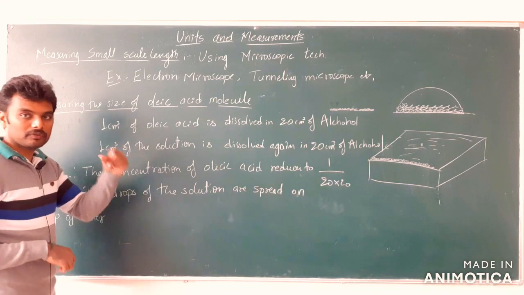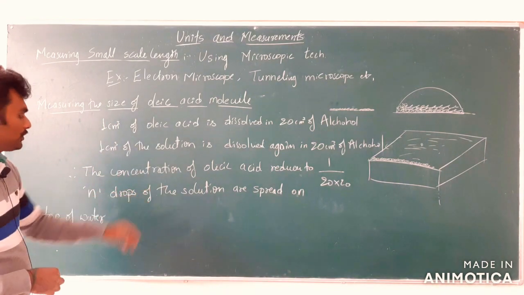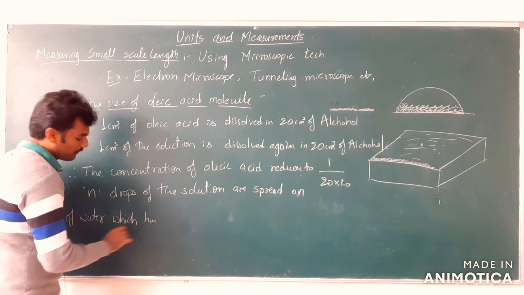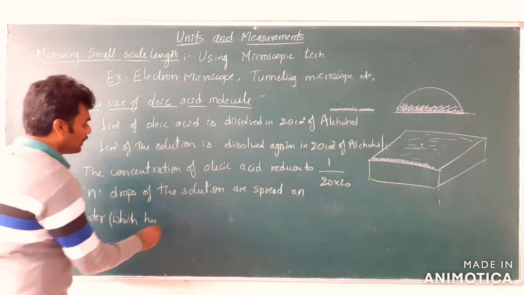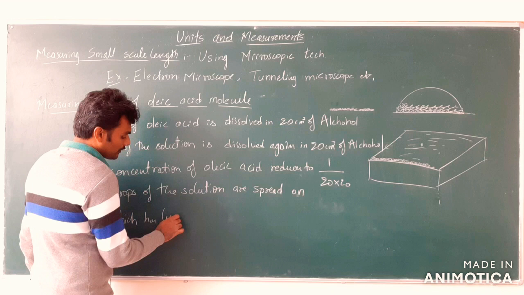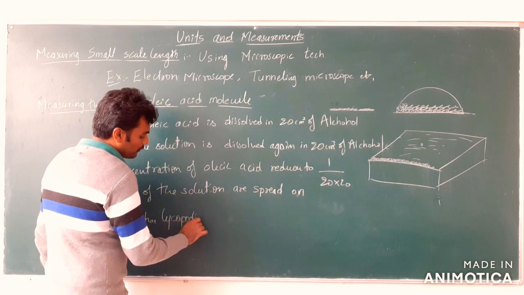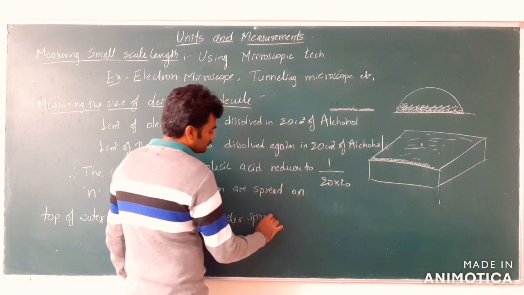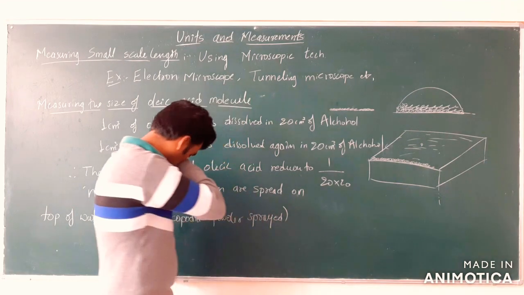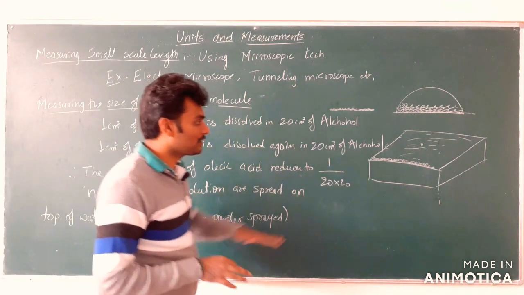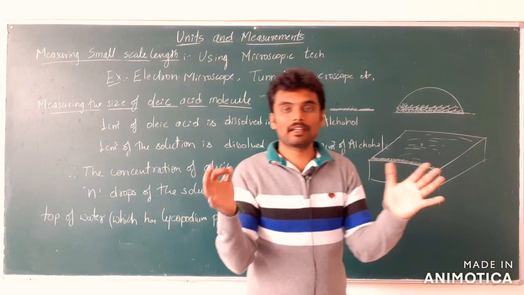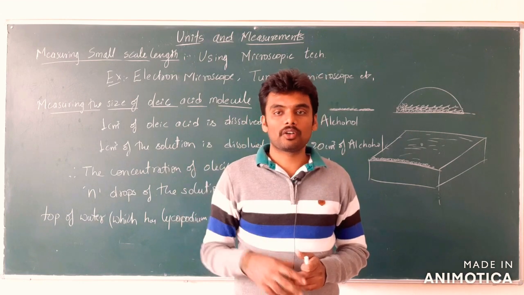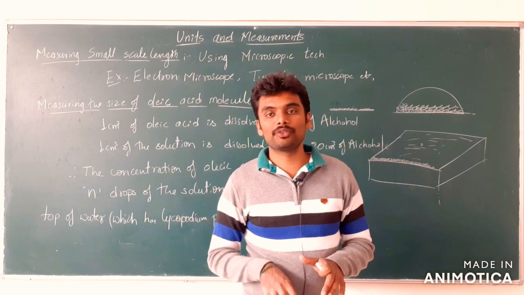The water surface on which we are going to put these n drops of solution will have lycopodium powder sprayed on it. Okay, so the arrangement is as such. We'll have water taken in a container, and we'll spray lycopodium powder on top of it so that the oleic acid spreads uniformly.